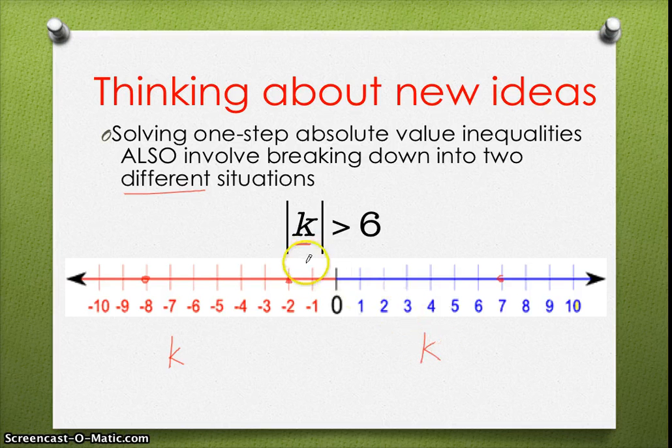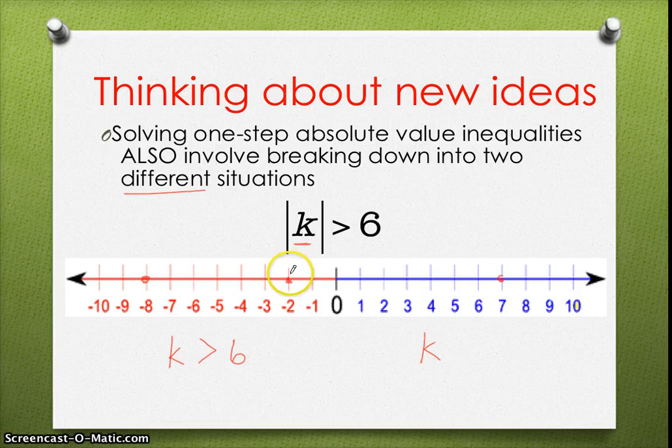So if we are working with numbers on the positive side of our number line, we know that all numbers that are greater than positive 6 would fulfill this. So greater than positive 6. And with our example earlier, we noticed that negative 8 seems to also fulfill this expression, but numbers like negative 2 do not.